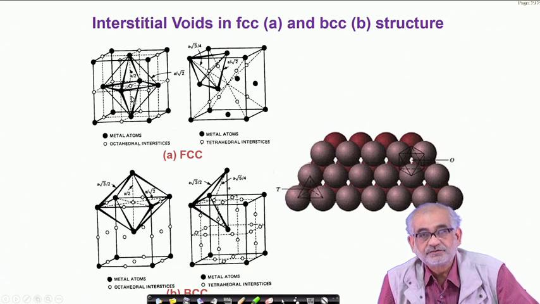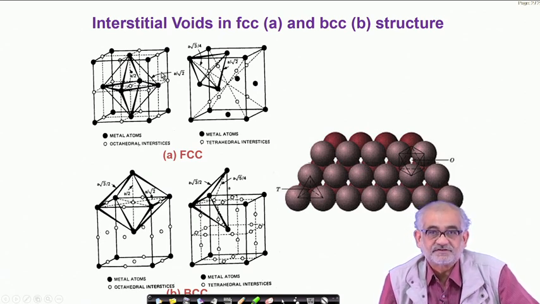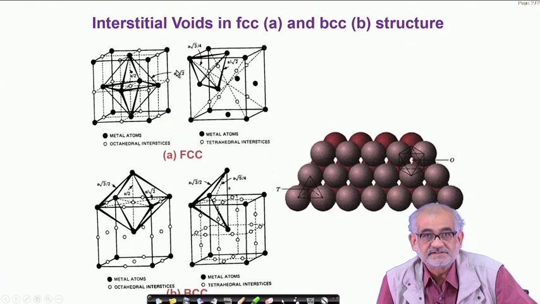When we try to describe certain properties of crystalline solids, we should be able to describe the maximum size, or the diameter, of such interstitial voids, because that will allow or disallow whether a foreign atom is able to sneak into that particular open space or not.